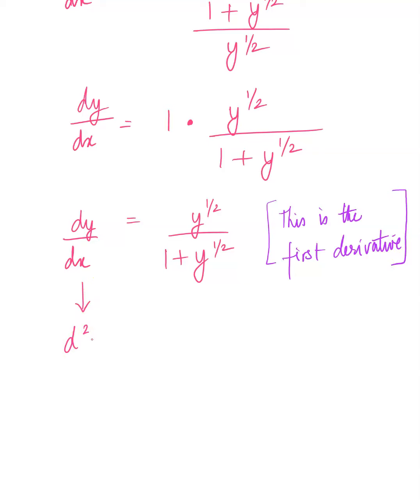Second derivative would be d squared y over dx squared equals. Now you're taking the derivative on the right hand side, and you have to see this as a quotient rule. So this has to be u and this has to be v. Okay, so u prime v minus v prime u all over v squared is what we have to do.